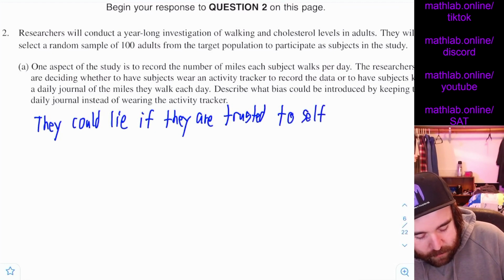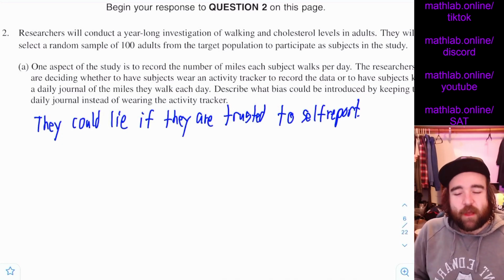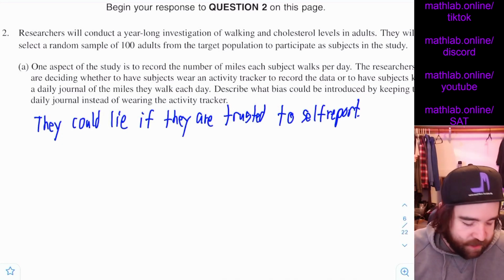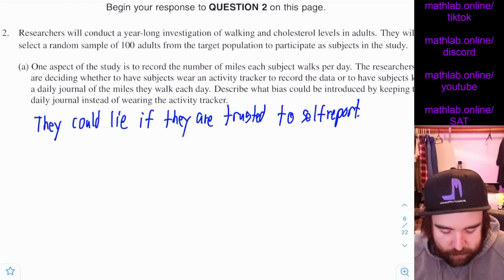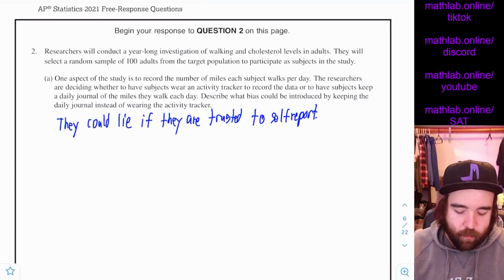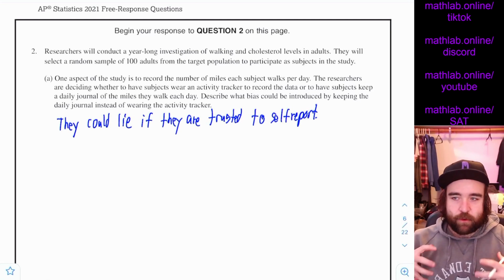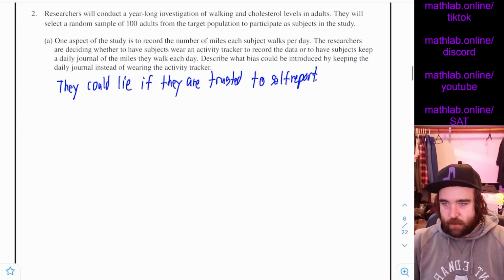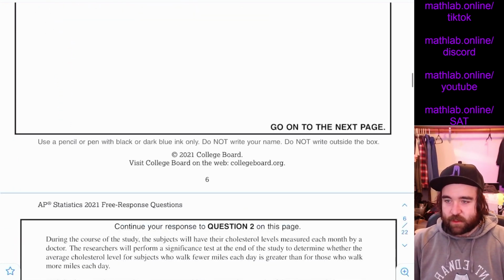You could also maybe say that if they're actually going through the process of writing it down, they might want to walk more to feel that goodness of writing it down. But I don't think we really need to say that. They could lie if they're trusted to self-report.